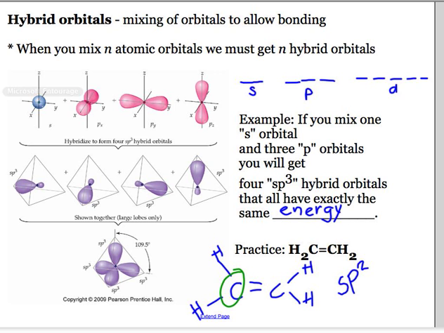What it actually does is mix orbitals together. And what they find is instead of having an S area and P areas, they mix them together so that they're all exactly the same energy. And what you see is you have 1 S going in and 3 P's. So each of these is called an sp3 because you have everything mashed together.